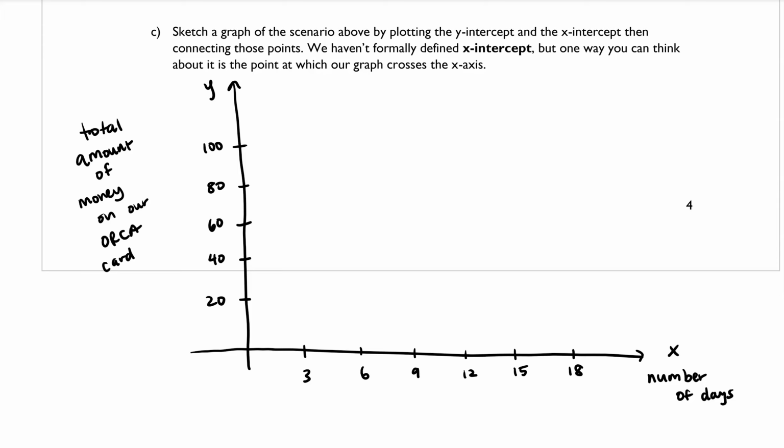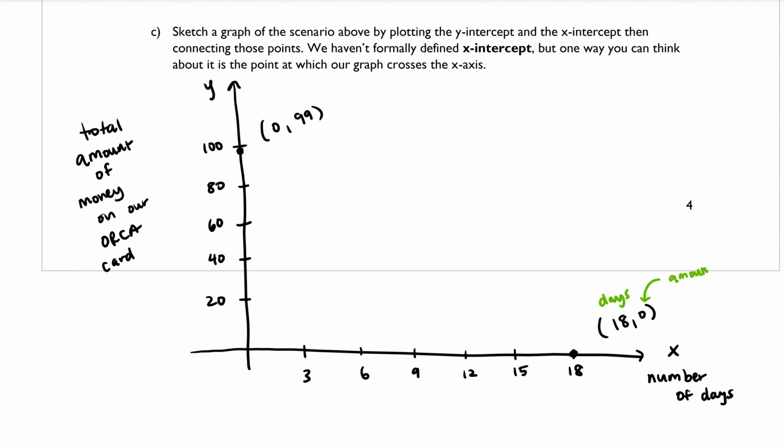Anyways, our y-intercept, we know we start off with $99, so that's just under 100, and that's the point 0, 99. And then our x-intercept here is the point 18, 0, because after 18 days, we have $0 left.